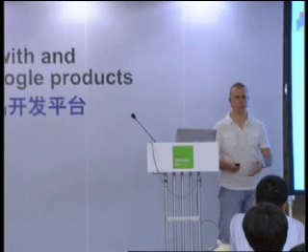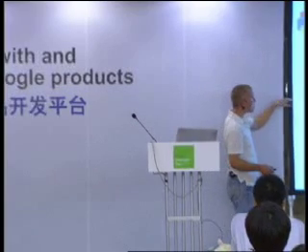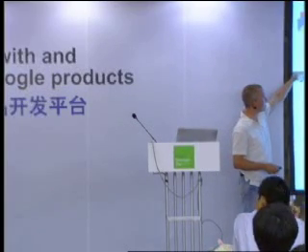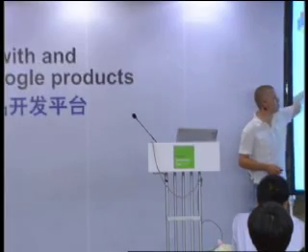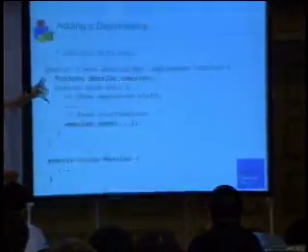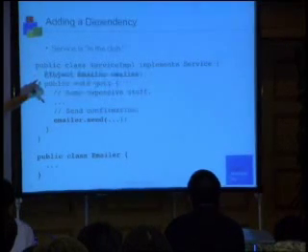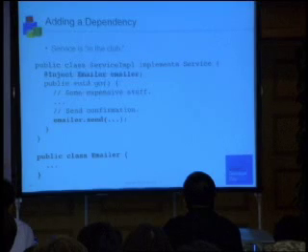It can call constructors and methods with any number of arguments. So if we want to add a new dependency to service, all we do is we say @Inject Emailer, and then we have our emailer field. And now, when Juice creates an instance of service impl, it'll inject an instance of emailer into it.